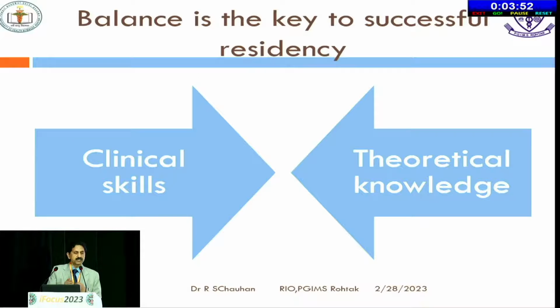Other clinical skills, for example, a surgical skill: the incision to be given in a chalazion. Very simple procedure. What is difficult in it? Yes, it is difficult. Why do you give a vertical incision from the conjunctival side, and why a horizontal incision from the skin side?